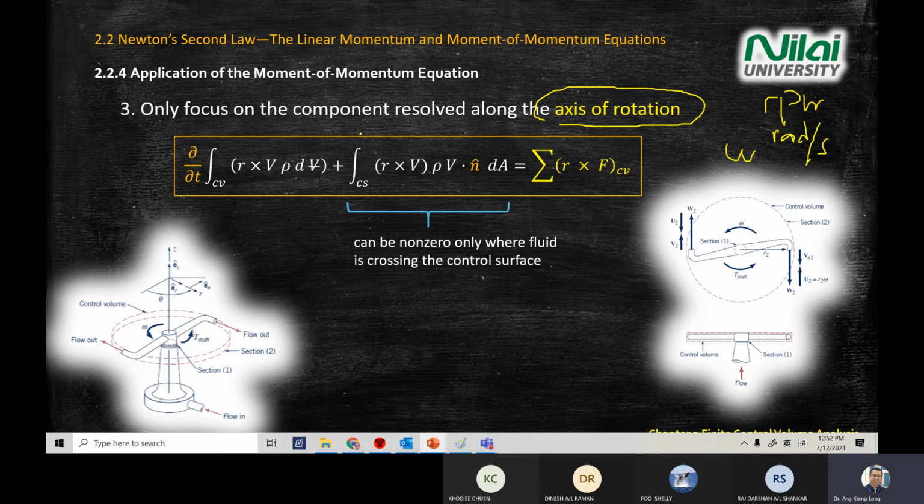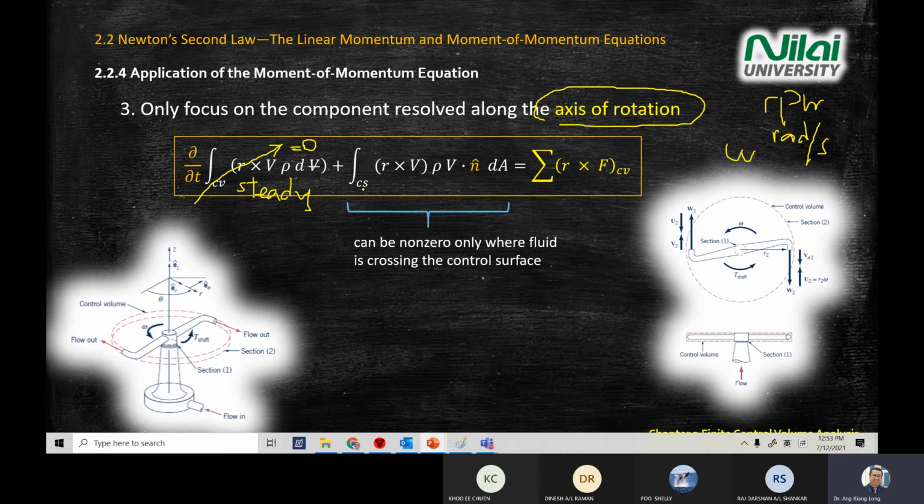Just take note of the second component in your equation here, which is control surfaces, because the first component is 0 already, based on the second assumption just now, because you assume steady flow in our MOM equation. So you are left with this one. This one does not necessarily become 0 when you have a reaction, where most of the time your flow will go across the control surfaces.